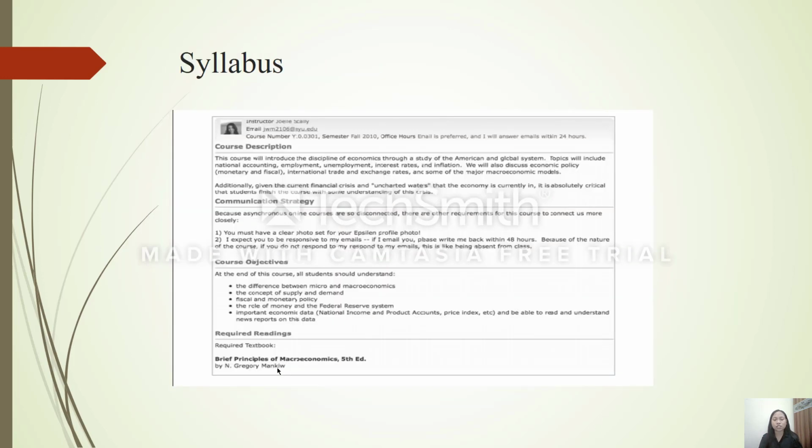And then the second feature is syllabus. Syllabus is an essential component of the course environment, and it provides course structure and course expectations. In this example, the teacher gives a course description and also a communication strategy, and of course course objectives too.